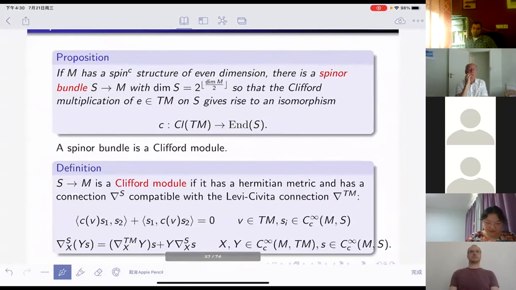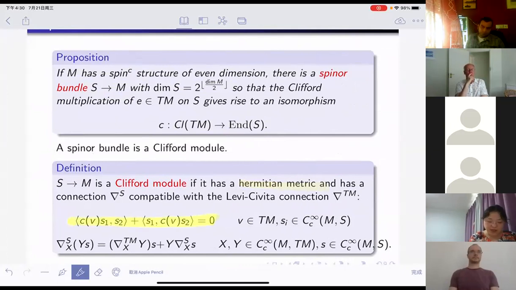A spinor bundle has the property that one can define a Hermitian metric on it, which means that the Clifford multiplication appears to be a skew symmetric operator on this spinor bundle. And it also carries a connection, a spinor connection, nabla S, which is compatible with the Levi-Civita connection.